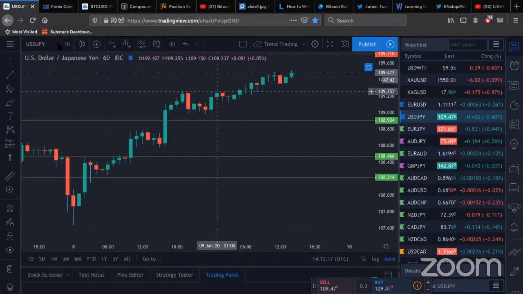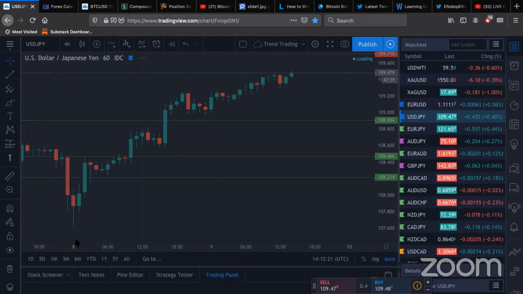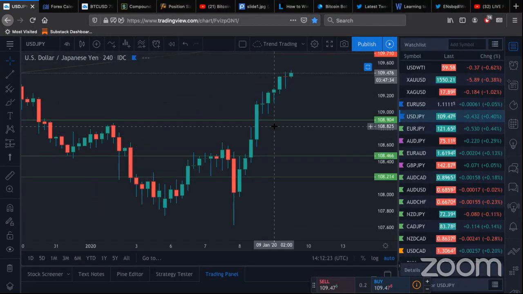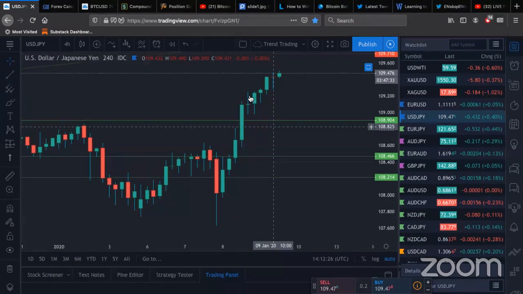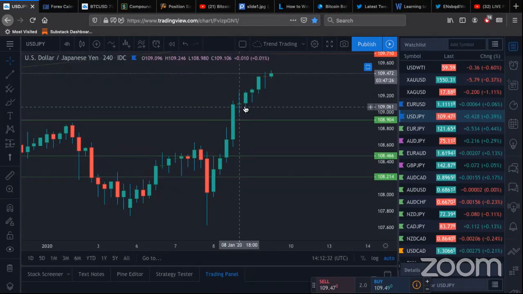So I want to tell you what was going through my head, so everyone knows. When I set the orders, I think it was this price bar right here, and you can see this wick down here.